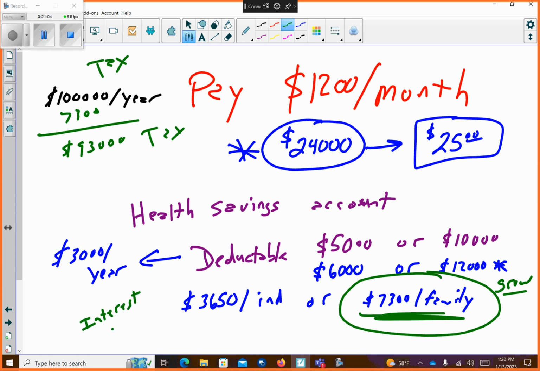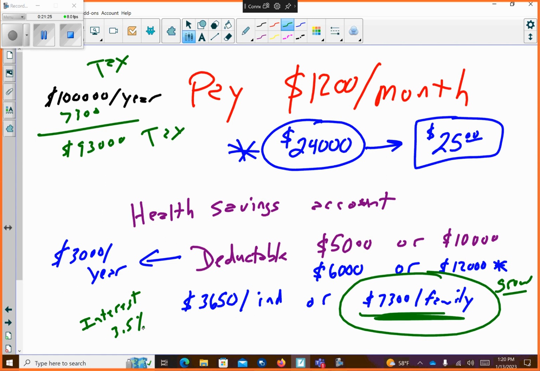But you've done that. So this money that is sitting in a savings account earns interest. My health savings account earns 3.5% interest every year. Okay, not really a good interest rate. I'm not going to be able to retire off of what I put in my health savings account because the interest rate is so low. But in fact, that interest rate is pretty good compared to what it had been.